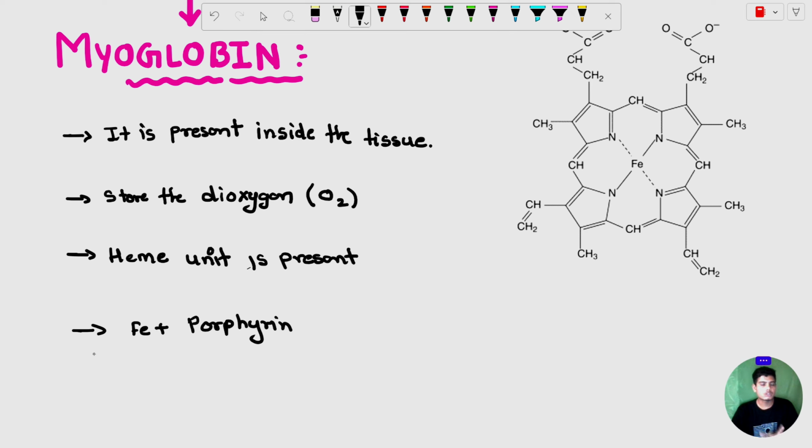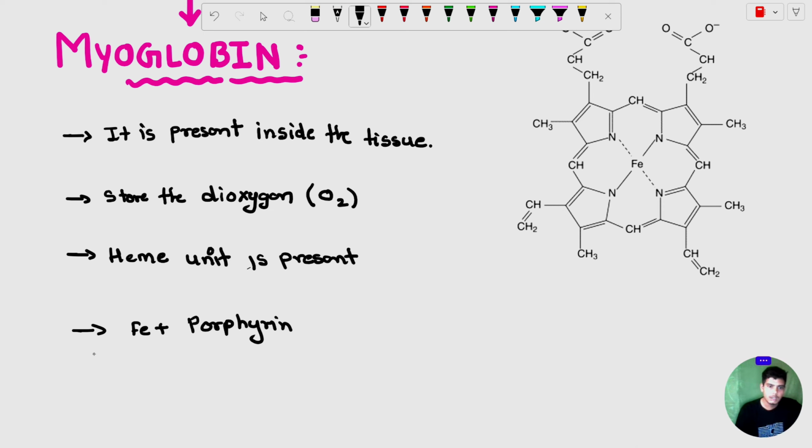In every oxygen storage unit there are four porphyrin rings present, except in non-heme group. In non-heme group there are no porphyrin rings present, and some other groups are present instead. In heme group, only the porphyrin ring attaches to the ferrous iron, and if the iron is attached to the porphyrin ring, then it is called the heme group.